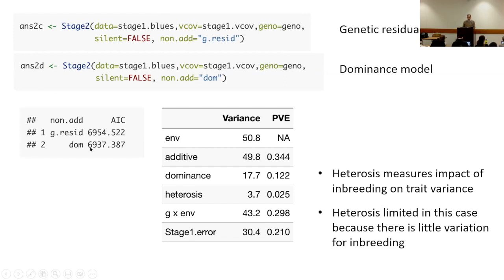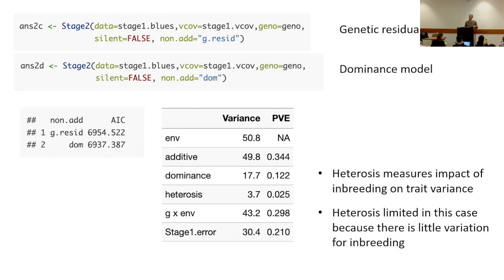In this particular vignette data set, you can see the AIC difference there. The directional dominance model lowers the AIC by about 17 points. So small, but enough to suggest that it actually is a better fit to the data. And then when you run the summary command, you get the table of the variances, and you get this column PVE for the proportion of variance explained.